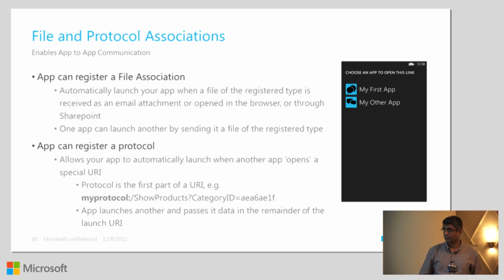So if you see here, I have created a protocol which my application understands called my protocol, and then I'm providing a URI. So whenever an application launches this URI, my application is going to be invoked, right, with this URI passed to my application.